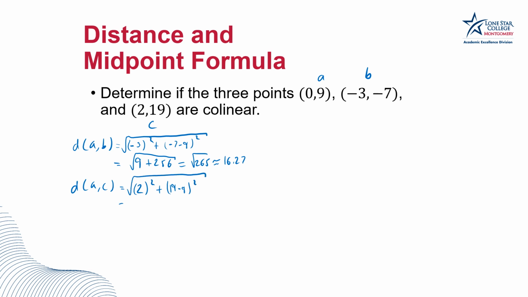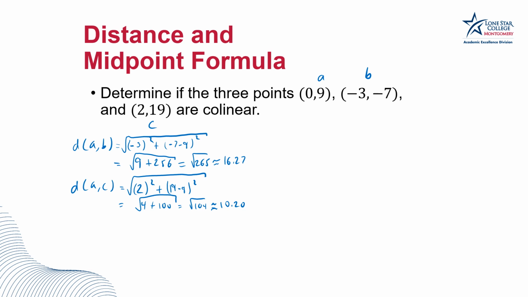So that will give us 4 plus 10 squared, which gives us 100. And if you add them together, you get root 104. Now, let's take the square root of 104. Gives us about 10.20. So it's approximately 10.20.